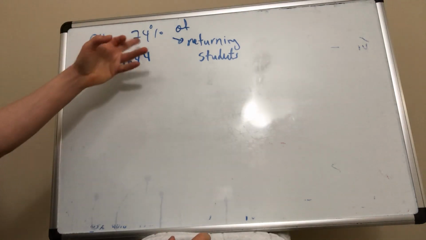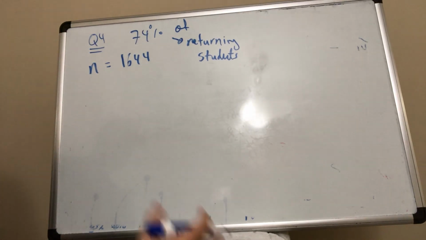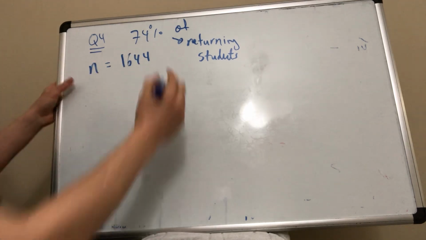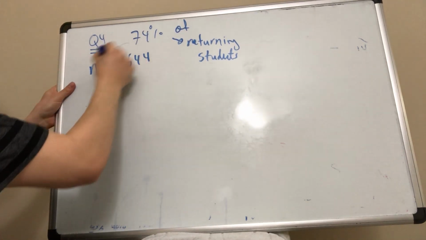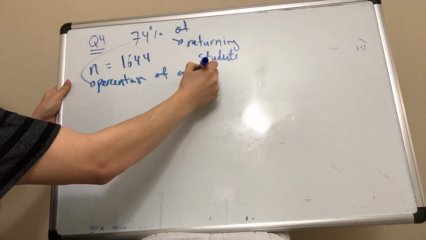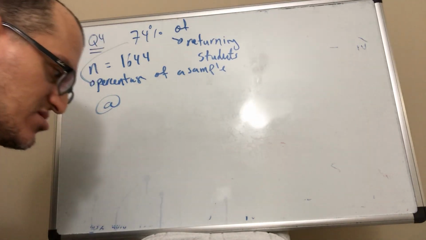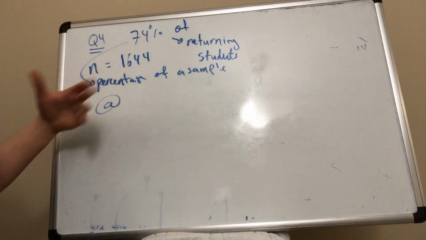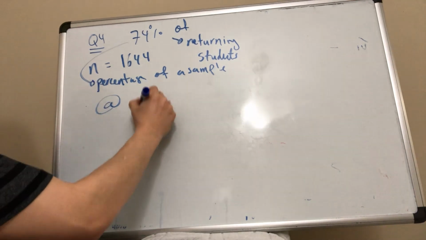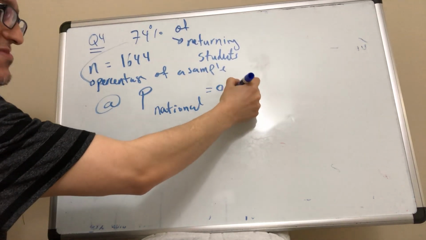If this is the percentage of only 1644, you know that there are probably going to be more than 1644 first year students. This is only the percentage of a sample. What would you consider the national percentage to be? Well, if this sample is large enough, we estimate that the national percentage is going to be the same thing, 74.